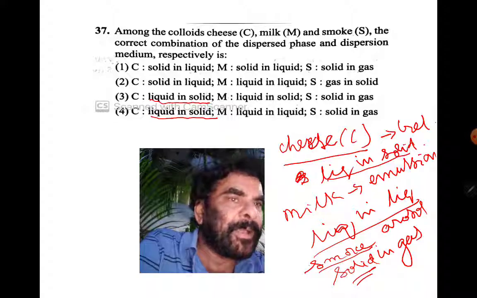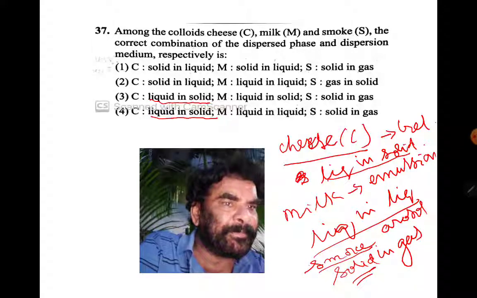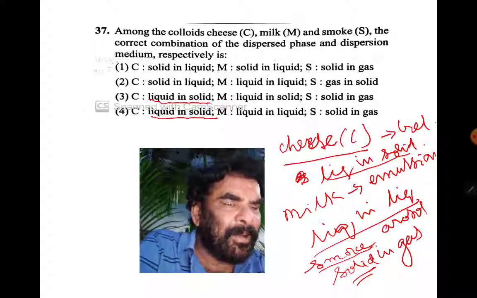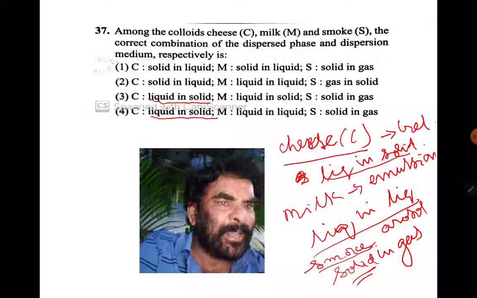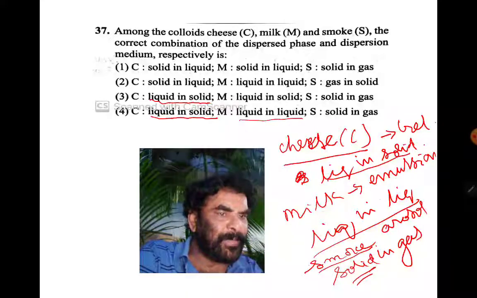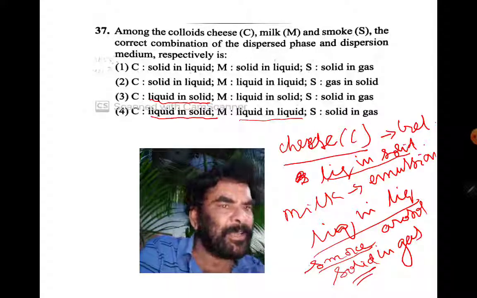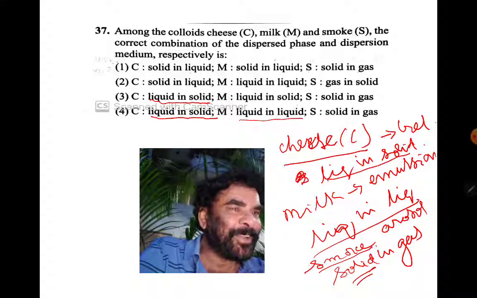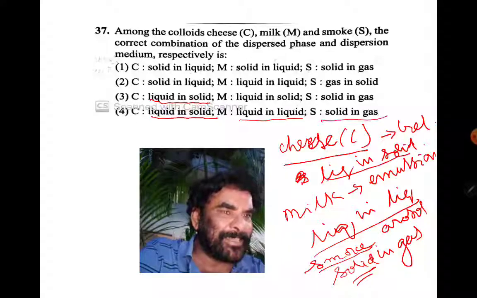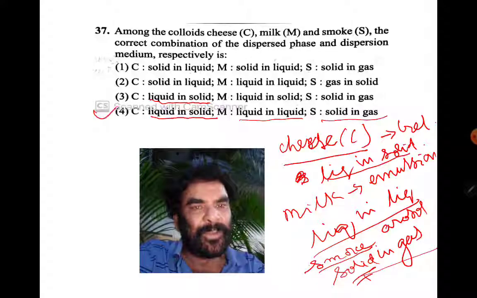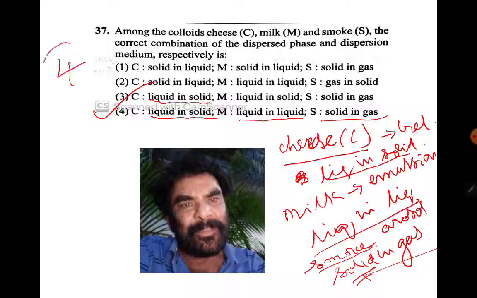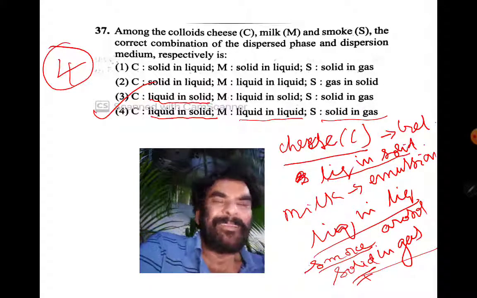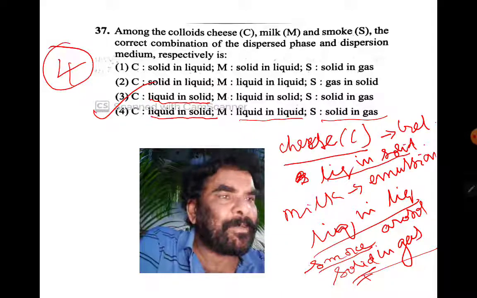Next one is milk. Milk is liquid in solid? No, liquid in liquid, emulsion. This is correct. Now we get the combination. Smoke, solid in gas. So 4 is correct. Just we have to recollect our information. That purely depends on your understanding of the subject.